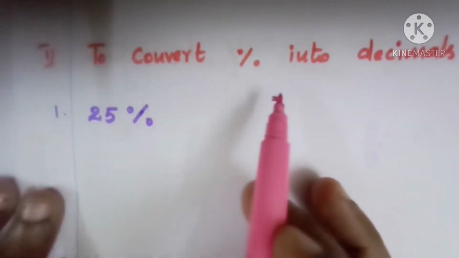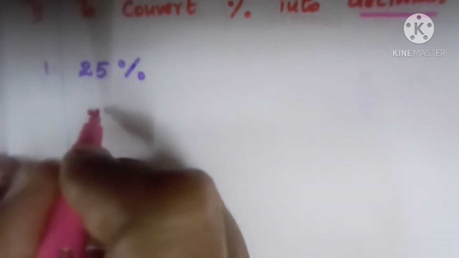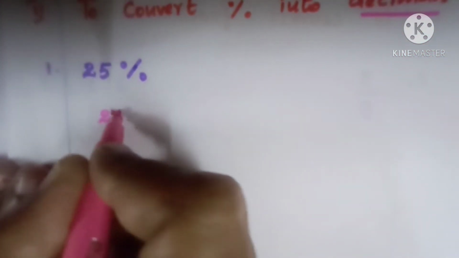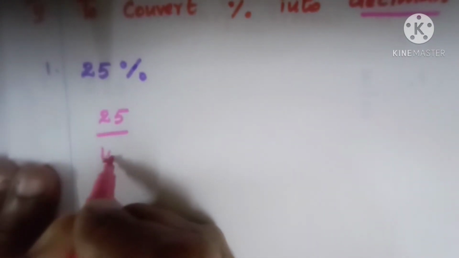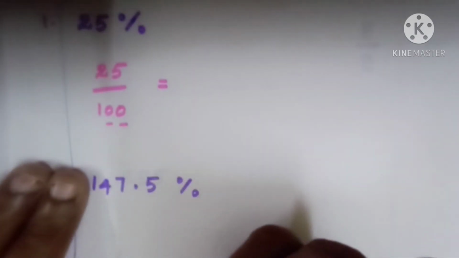Second Roman letter. To convert the percentage into decimals. Again 25 percentage. We get 25 by 100 and change it as a decimal. We have 2 zeros in the denominator.